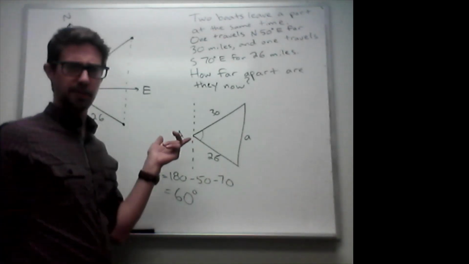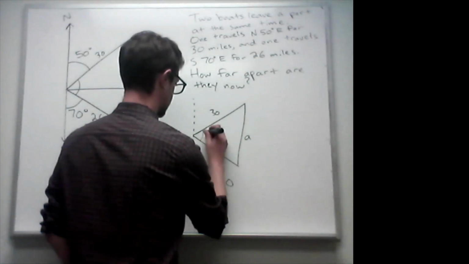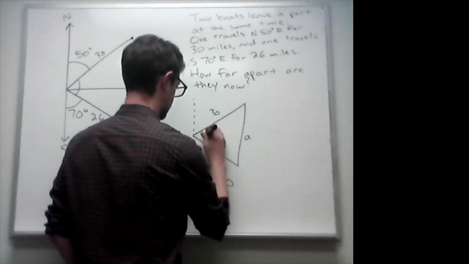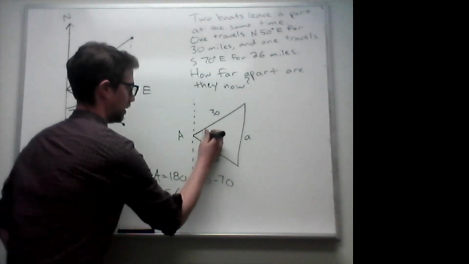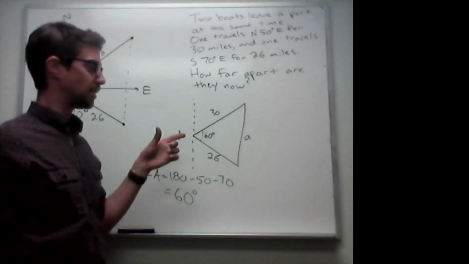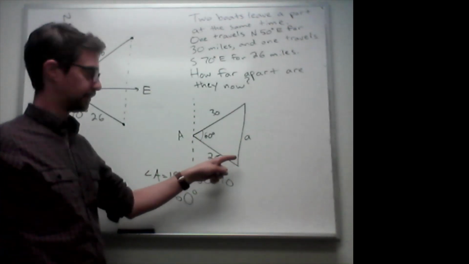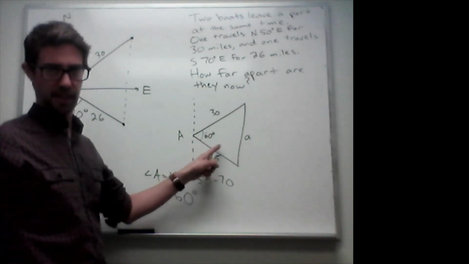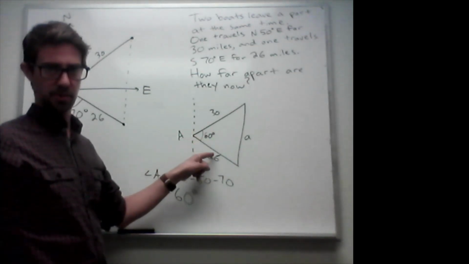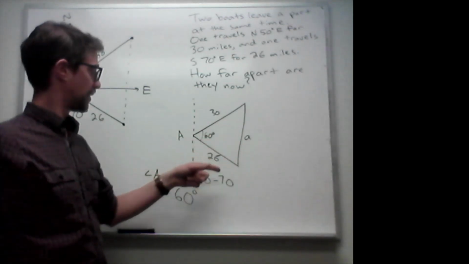Now we just have to think about what we need to do. We have this angle, this is 60 degrees. With these problems, the thing to think about is this: do I have any side and its corresponding angle? No. I have this angle, but not this side. I have these two sides, but I don't have these angles, and I don't have a way to get them.